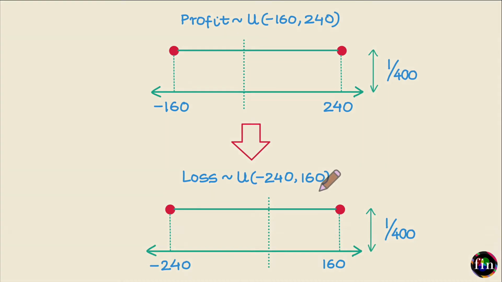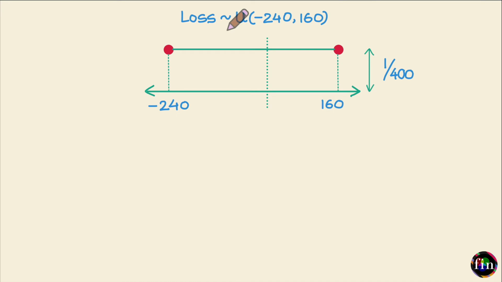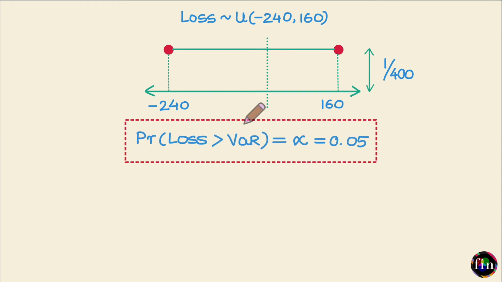Now that we have our loss distribution with us, let's work out the VAR, value at risk, for a one-day horizon and 95% confidence. For this purpose, very quickly recall the definition of VAR. It's basically that number whose probability of being exceeded equals the level of significance.